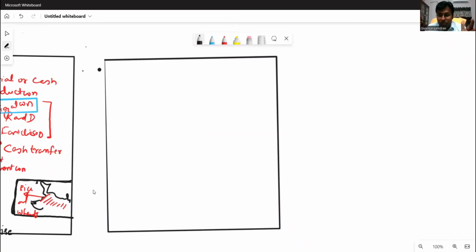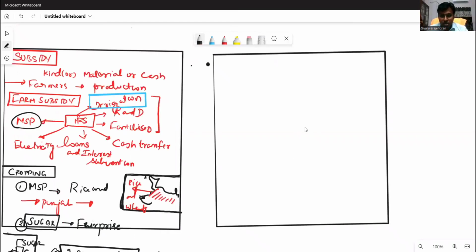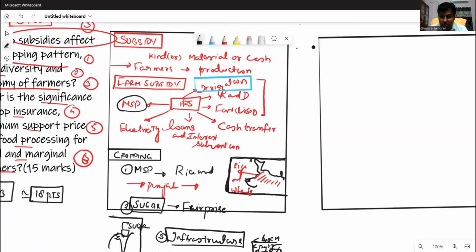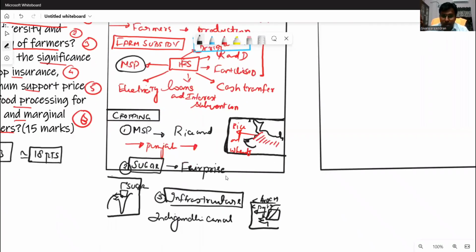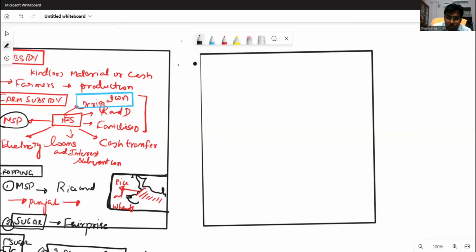But the diagram has to be neat. You write this and finish, then think about cropping diversity, and how subsidy has affected it.